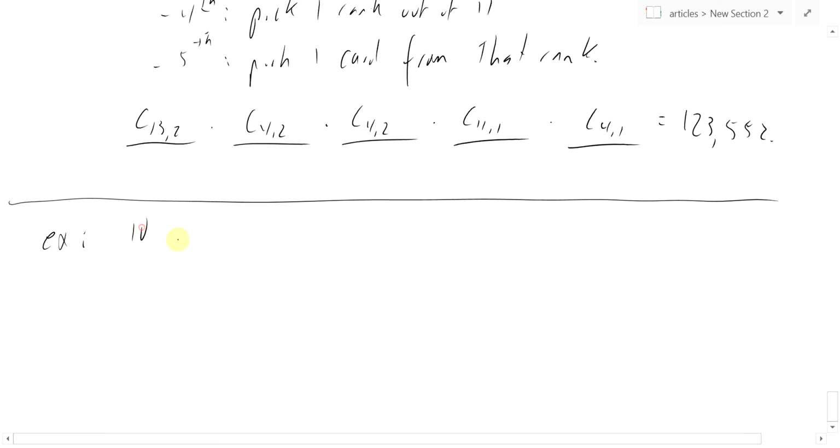Okay, and so one last example. Suppose you have 10 people in a committee. And you need a 4-person subcommittee.